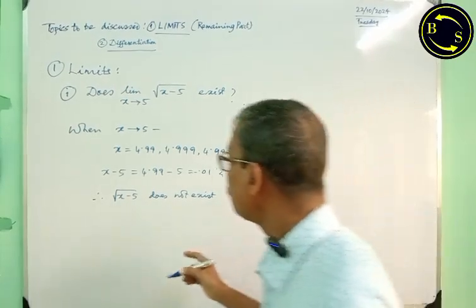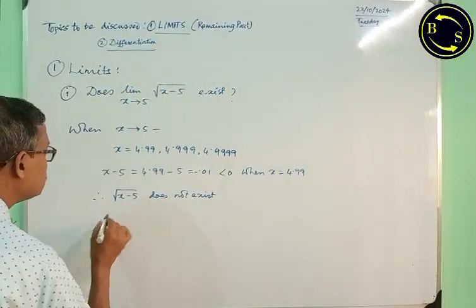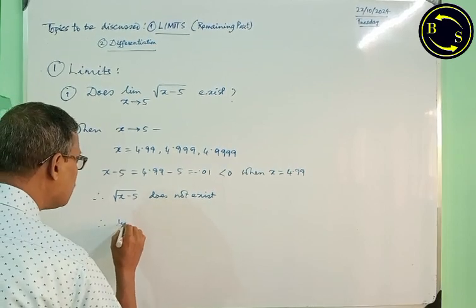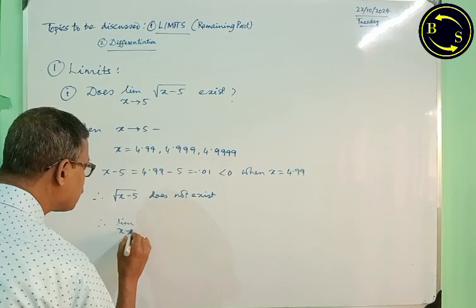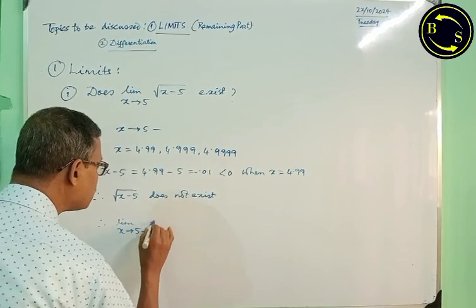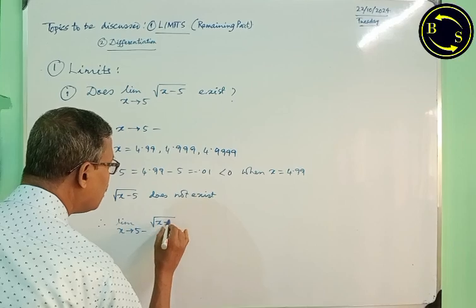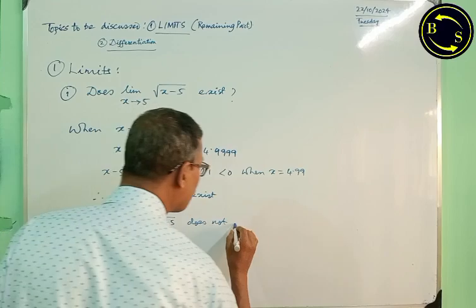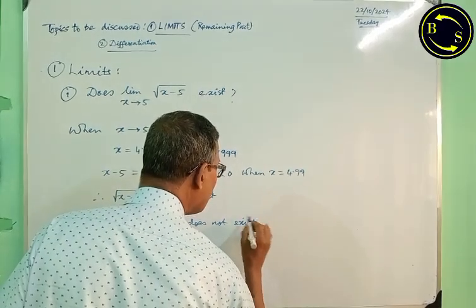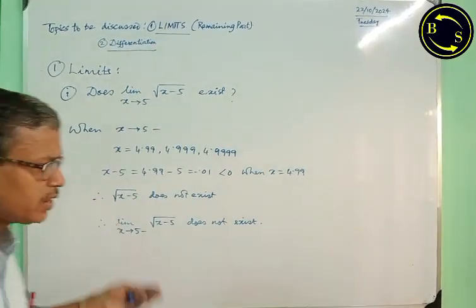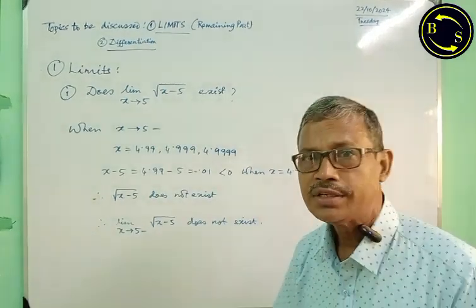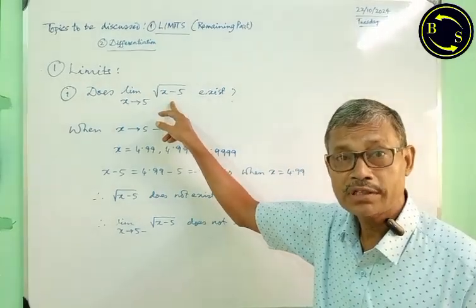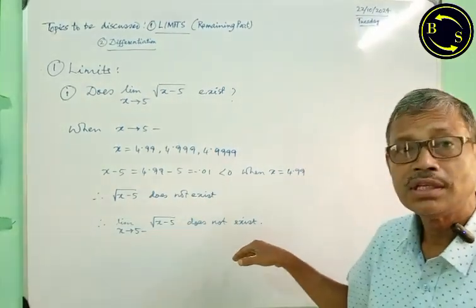Therefore, limit x tends to 5 minus, this is the case of left hand limit. We find left hand limit for root over x minus 5 does not exist.